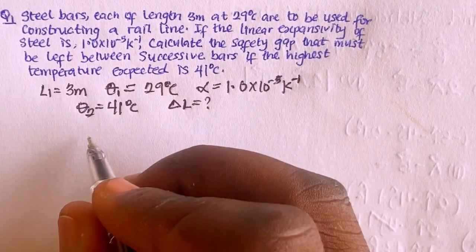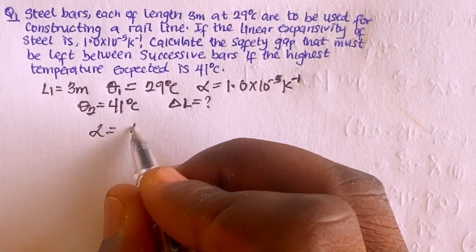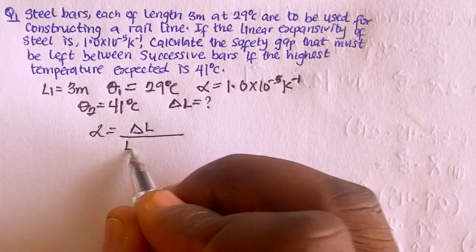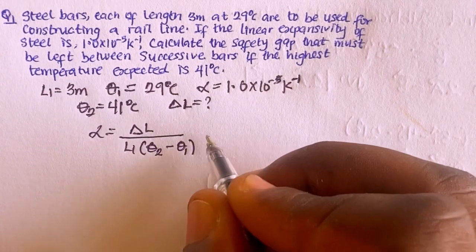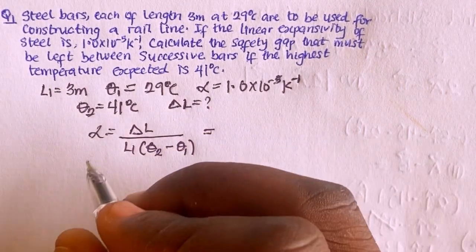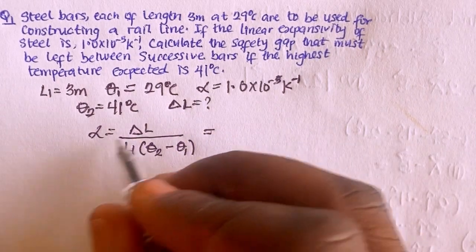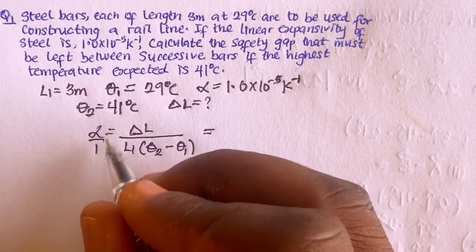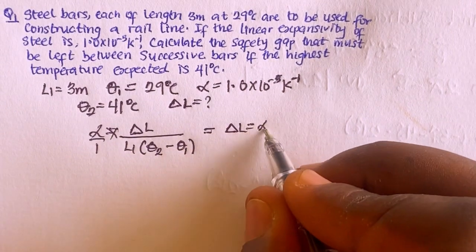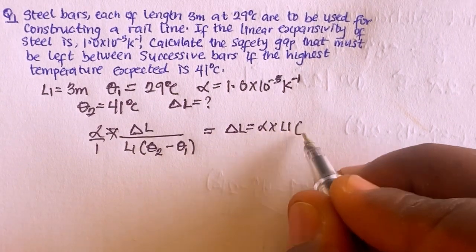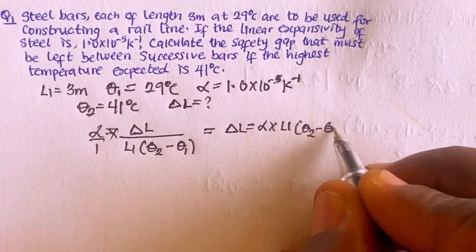In this case, you can just recall alpha equals delta L divided by L1 into bracket theta 2 minus theta 1.